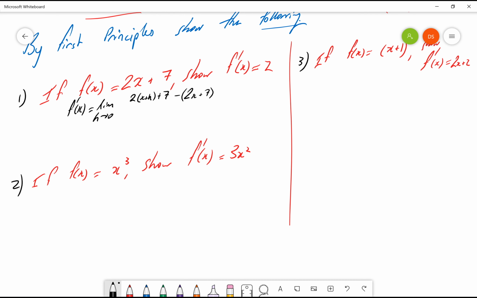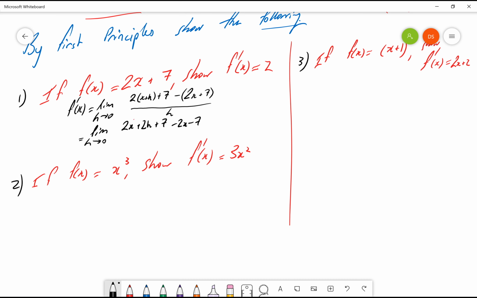Make sure you use your brackets. I think people mess up without brackets. Okay, and then all I'm going to do, this is going to be quite nice. I'm going to go h tends to 0, and I'm going to expand the numerator. Right, so that's 2x plus 2h plus 7 minus 2x minus 7.